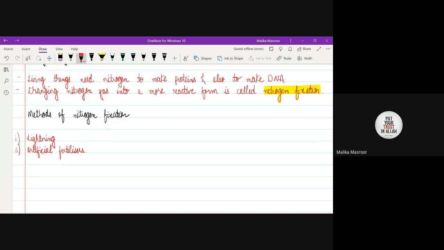The first group of bacteria is nitrogen fixing bacteria. This also does nitrogen fixation.